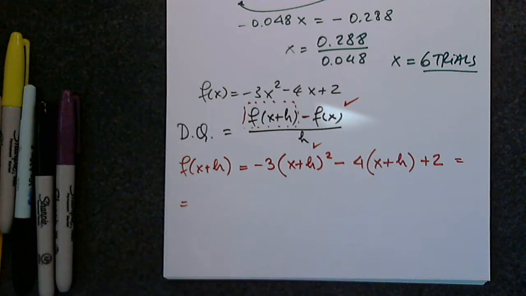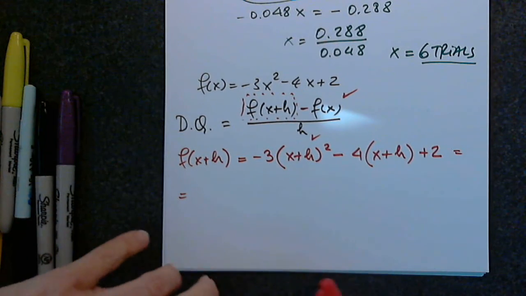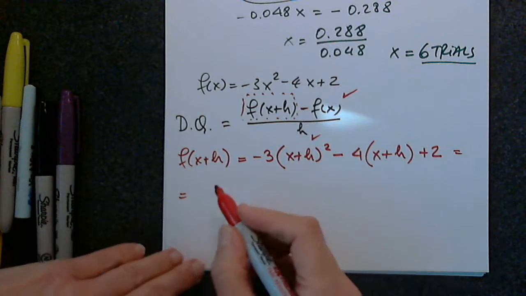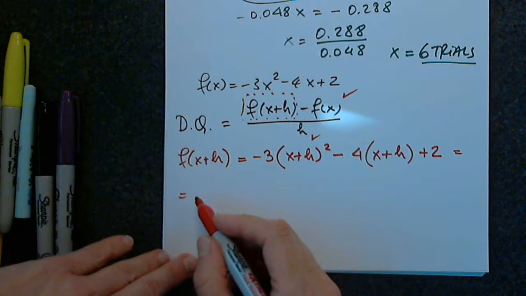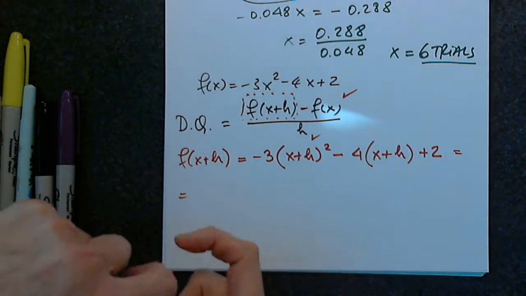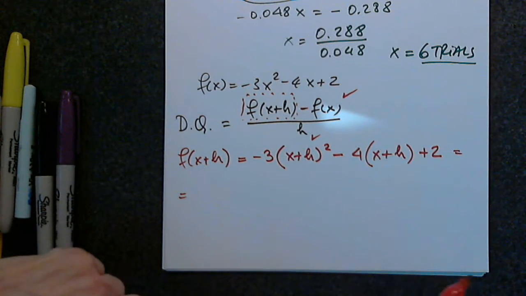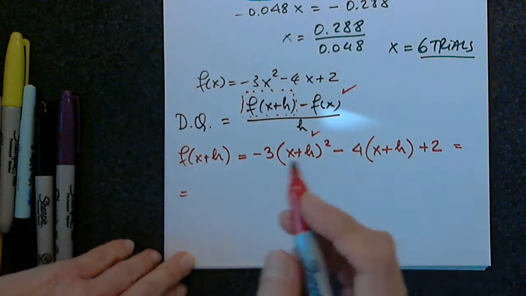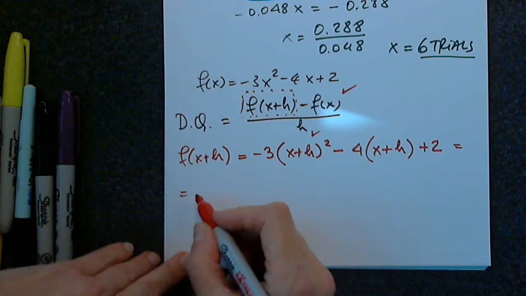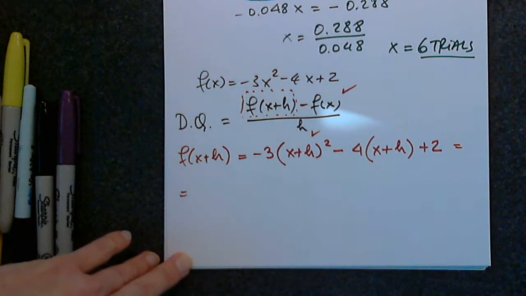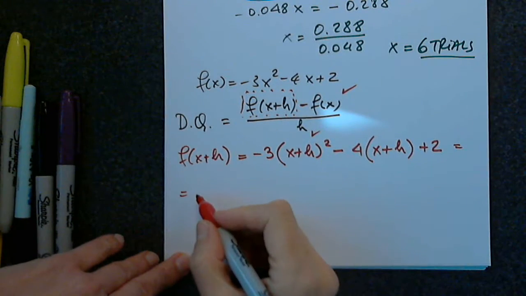Good. So let's continue. How do I simplify this? I cannot distribute because I have a power that is more powerful than the multiplication. FOIL. And we don't FOIL anymore from the first day of classes. The first document we filled out, I said, please stop foiling so we can move on. Please.